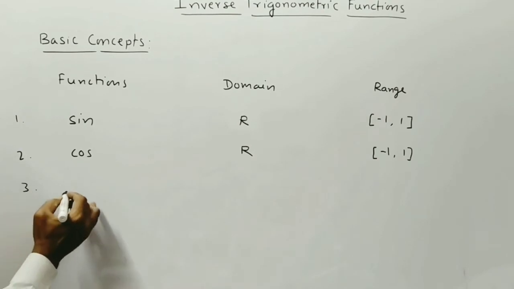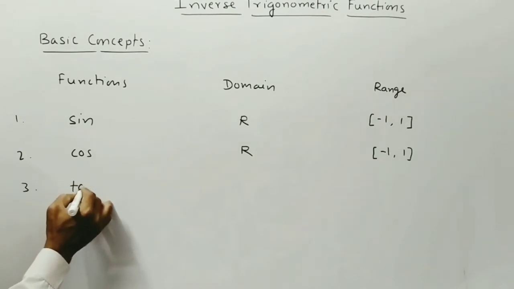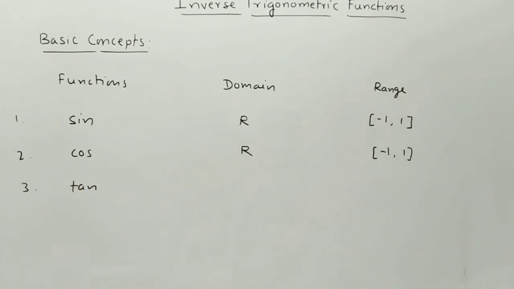Third one, tan. Tan is nothing but sine by cos. Cos should not be equal to 0. As we know, cos is 0 for odd multiples of pi by 2.